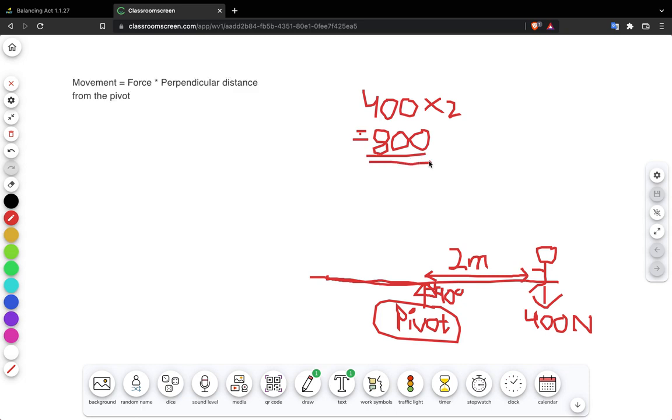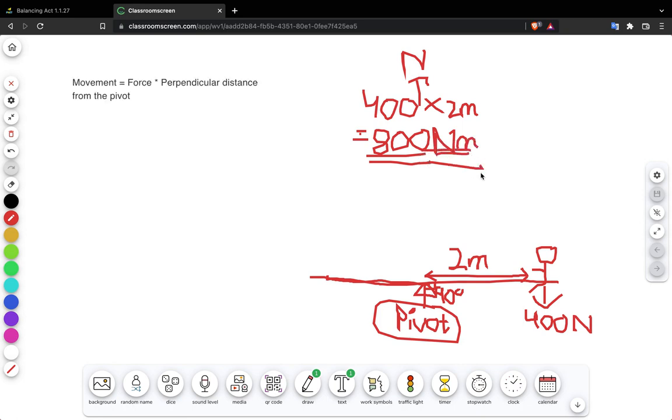Of course, the unit. So, this is 400 newtons, right? 400 newtons multiplied by 2 meters. So, this would be N into M. Newton into meter would become Newton meter, Nm. So this is also part of the answer.